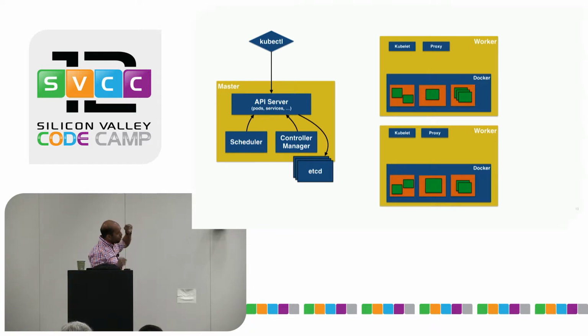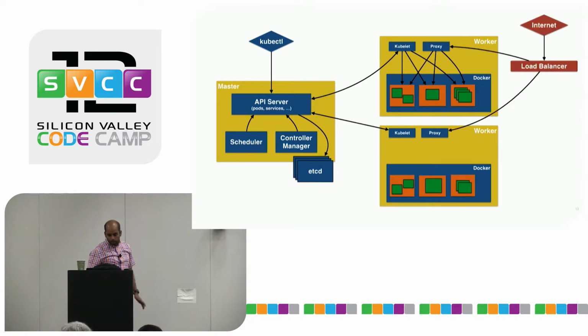You have kubelet running, which is sort of the node agent, which is what the master talks to in order to deploy the pods. And there's a proxy, which basically acts as a proxy to the node pods running on the host. So the master talks to the kubelet. Kubelet then deploys the pod, and proxy gives us a front end for your different pods running on the host.